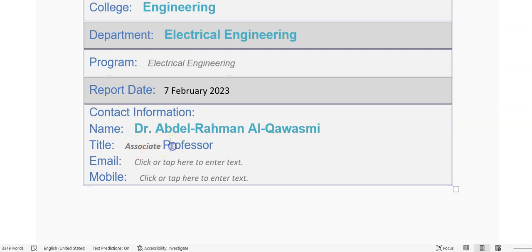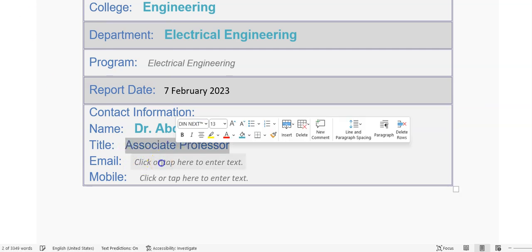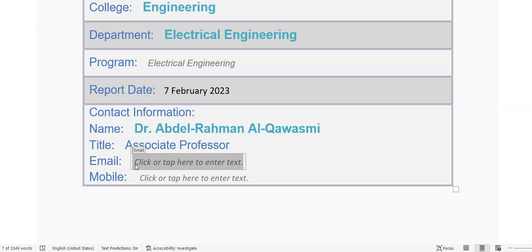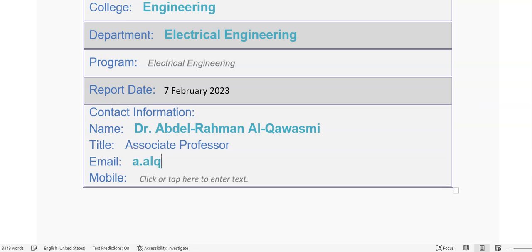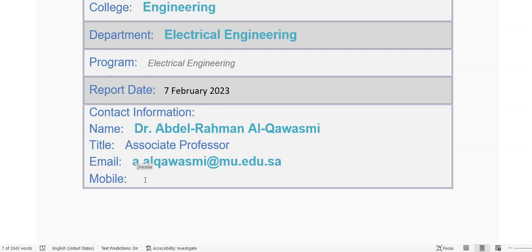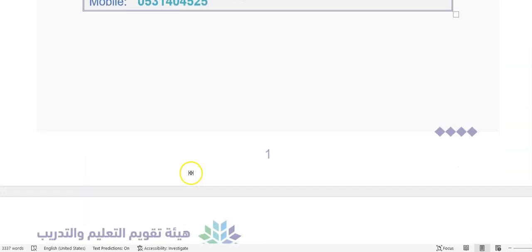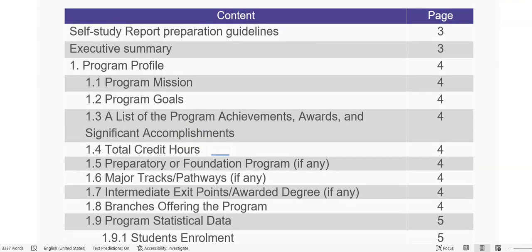You can make it like this. Okay. Email at SA and mobile 05314044525. Okay, let's go to the next page.